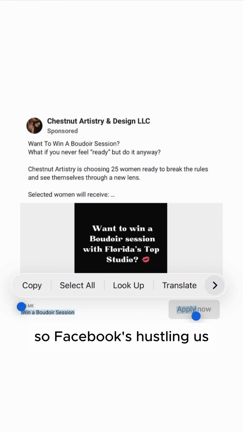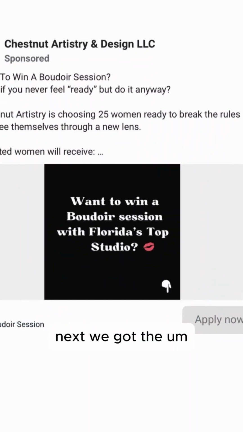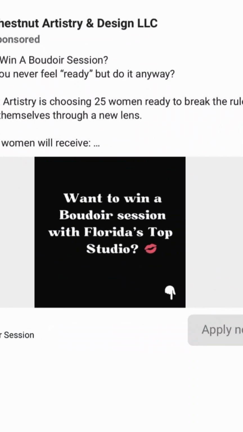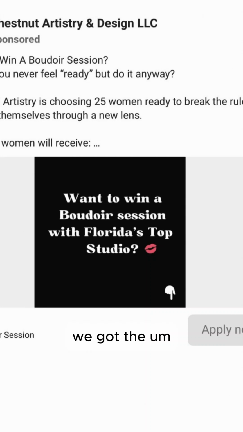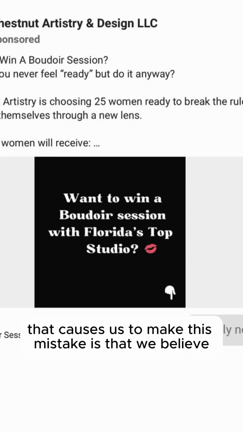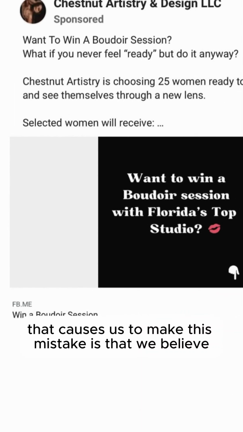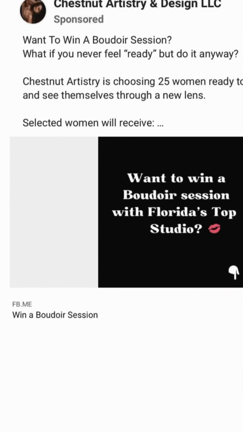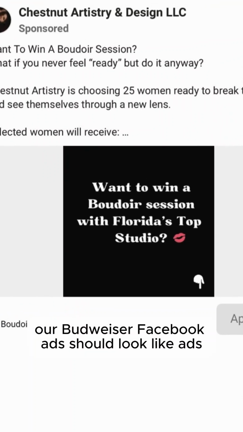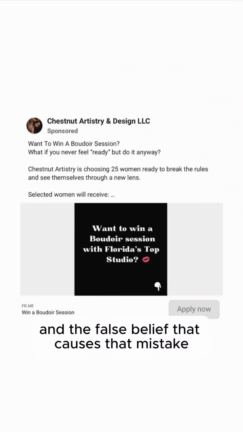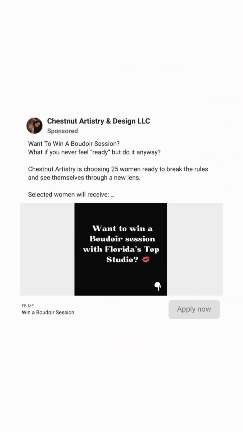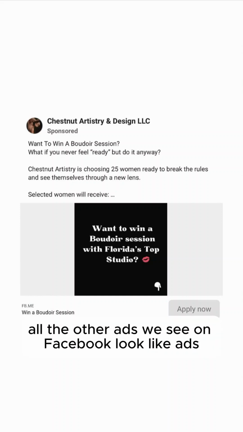So Facebook's hustling us. Next, we got the creative, looking at the photo. We got the looks like an ad mistake. The false belief that causes us to make this mistake is that we believe our Boudoir Facebook ads should look like ads, because basically all the other ads we see on Facebook look like ads.